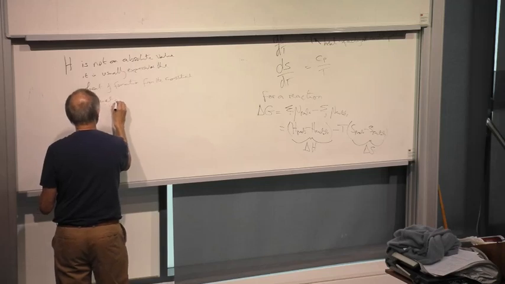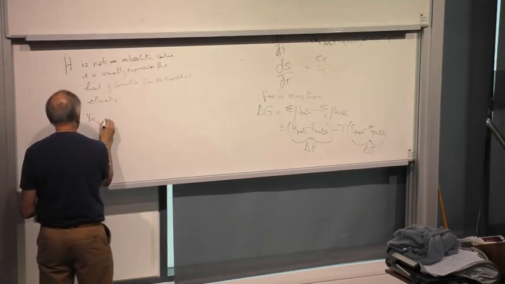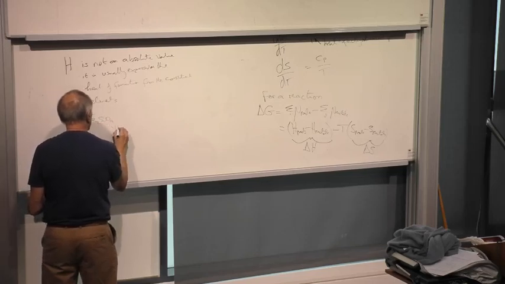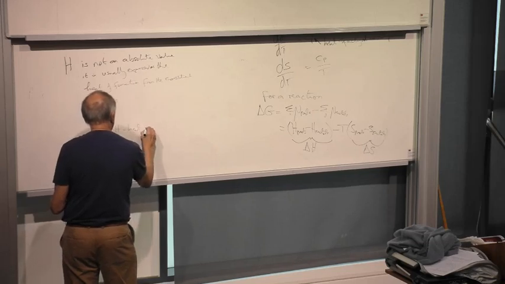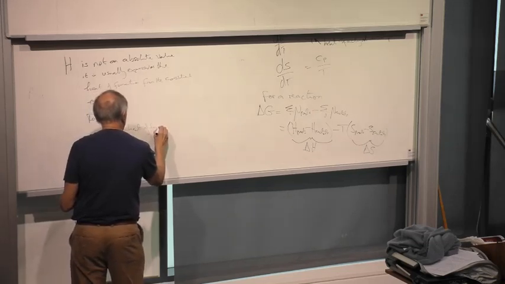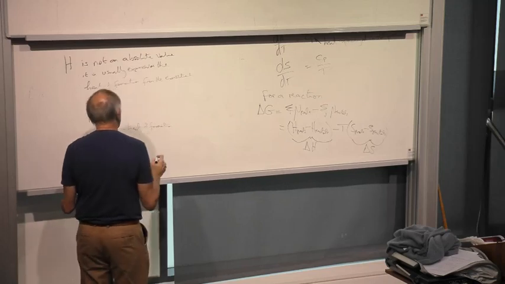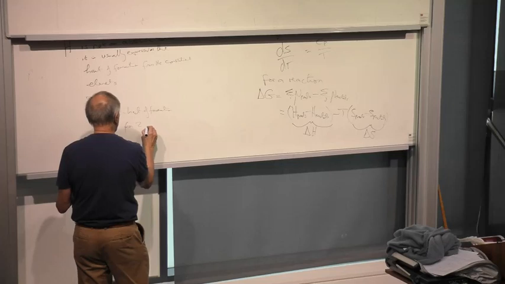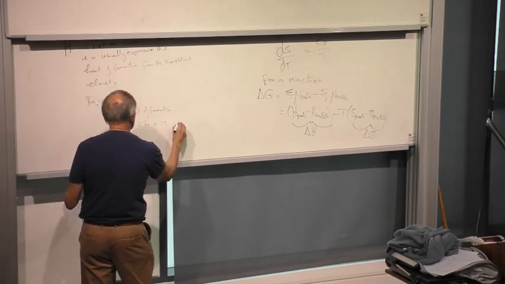So, for example, for Fe2SiO4, the enthalpy would be the heat of formation from 2 Fe's plus 1 Si plus 2 O2s.